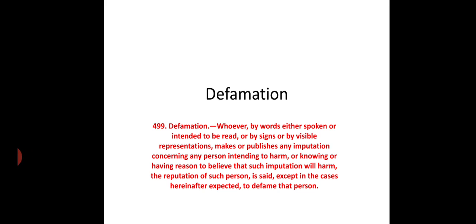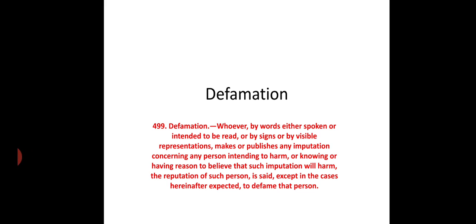This means the impact and effect of the imputation has to be considered in the background of the entire facts and circumstances stated in the published material. If the disreputable part can be removed by the other part and the conclusions, then no prosecution for defamation can be launched by picking and choosing the disreputable part alone.